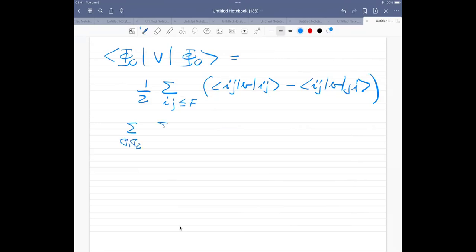There's going to be a sum over p. So these wave numbers are now going to replace these more general labels i and j. And these wave numbers are now going to represent all the states up to the Fermi level.